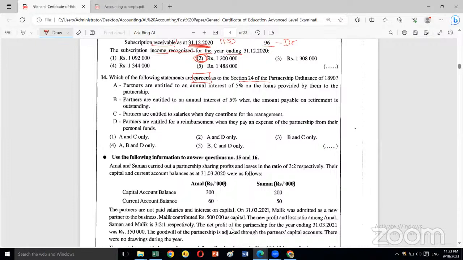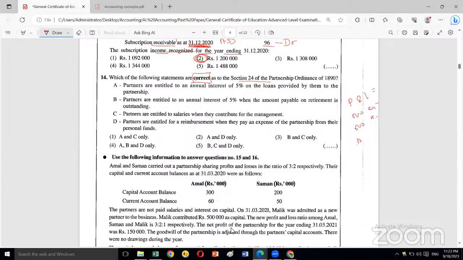Partners are entitled to annual interest of 5% on a loan provided by them to the partnership. Section number 24 says what? Profits and losses should be shared equally. No salary for partner. No interest on capital.